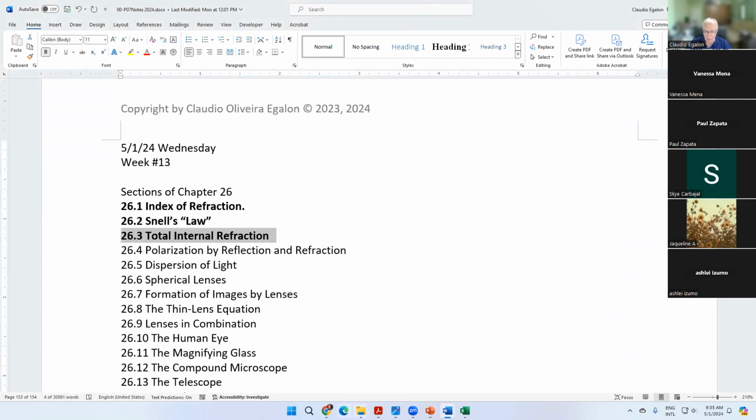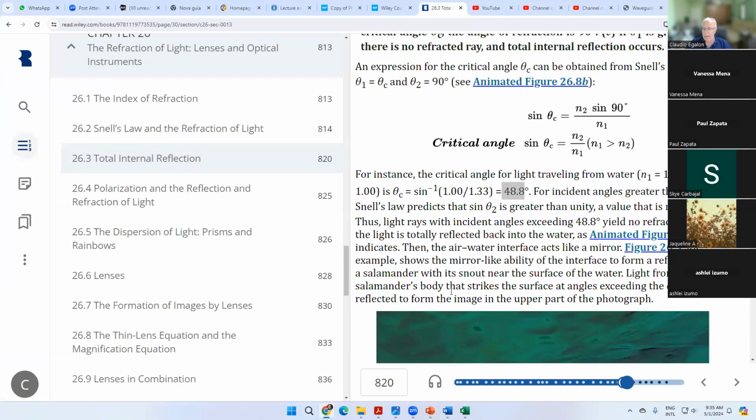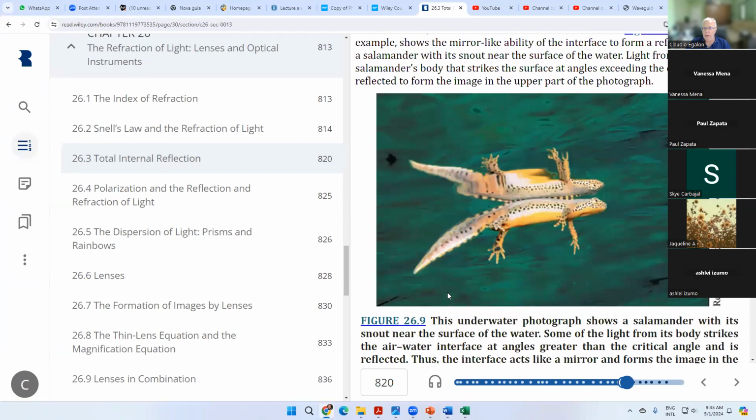By the way, the book mentions the applications of total internal reflection. Here's a nice picture showing total internal reflection of this salamander. The guy took the picture at exactly the right angle near the surface of the water. Some of the light from its body strikes the air-water interface at angles greater than the critical angle and is reflected.